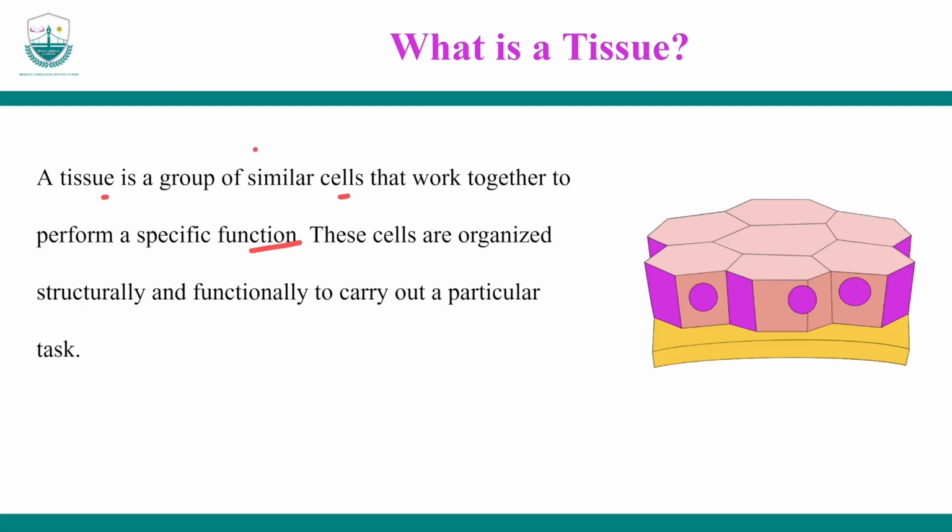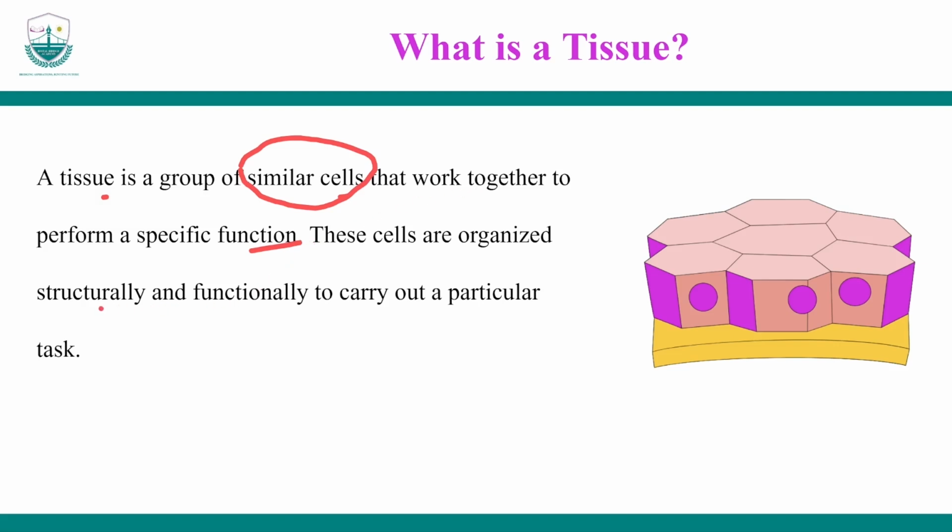So this part where we're talking about similar cells is to talk about the shape, the composition, the components of the cell or the cellular components in those cells, and many other parameters.